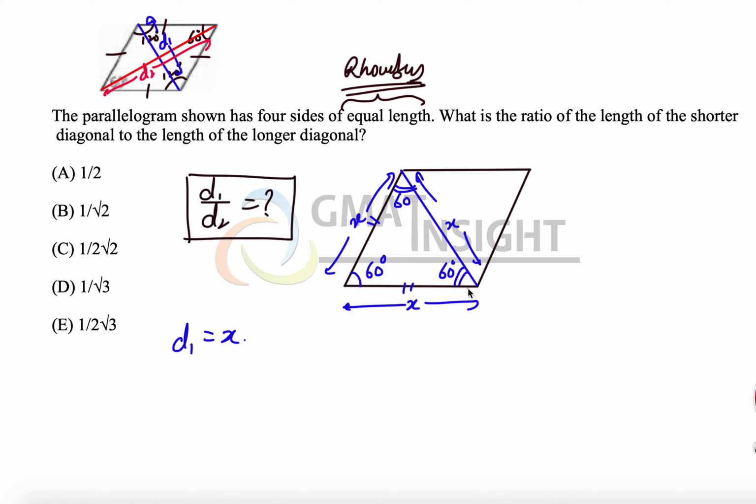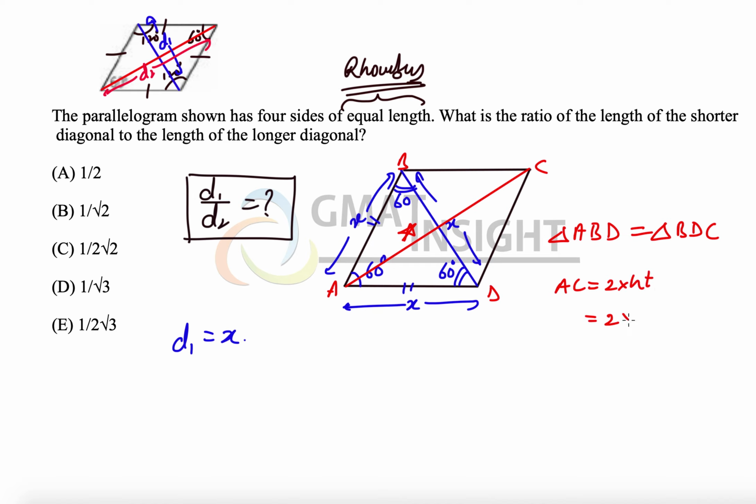Now the question is all about D2. So let me draw the diagonal. And now all you have to do is look at it from the easiest perspective. There are two or three ways we can find this out, but the easiest way that I see is that if I say A, B, C, D, then triangle ABD is the same as triangle BDC, and both are equilateral triangles. And AC is 2 times the height of the equilateral triangle.